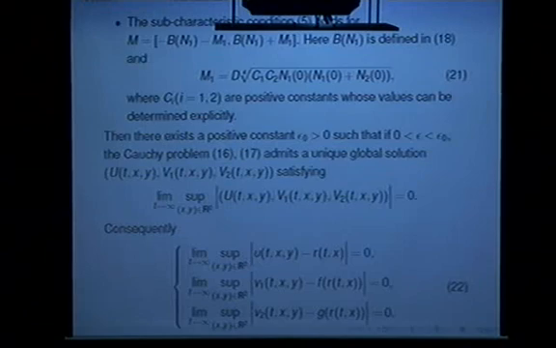Here M1 is the uniform bound on the perturbation we got in our results. If these three conditions hold, then we can show that there is a positive constant epsilon 0, such that if epsilon belongs to this interval, then the Cauchy problem admits a unique global solution, and it satisfies this, they tend to 0 uniformly with respect to x and y.